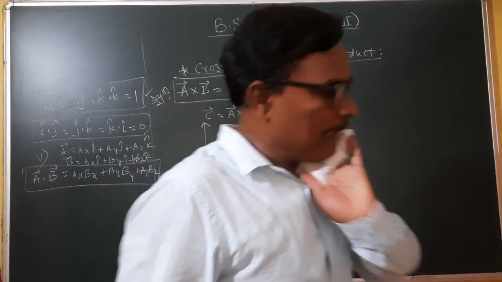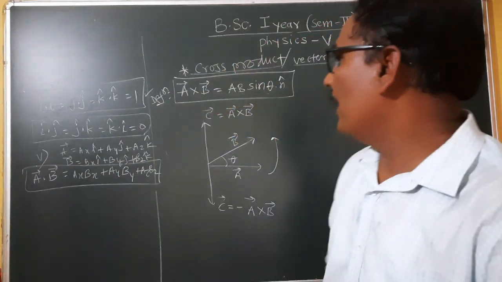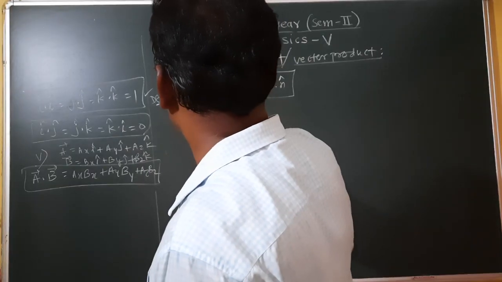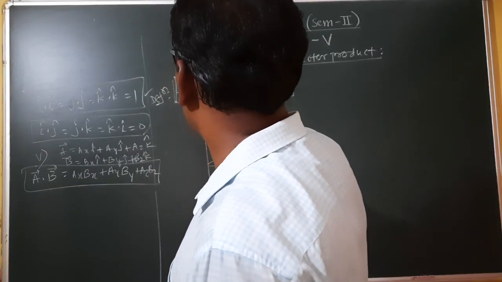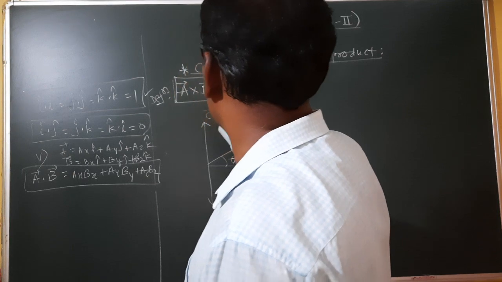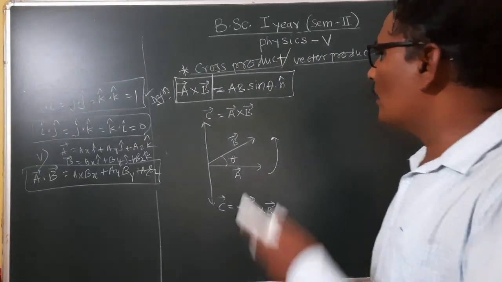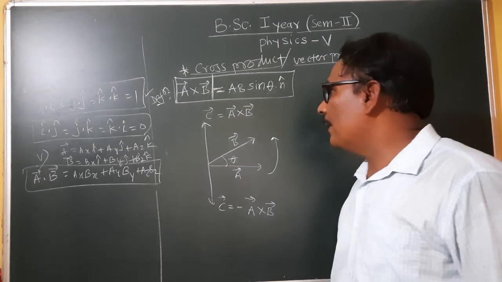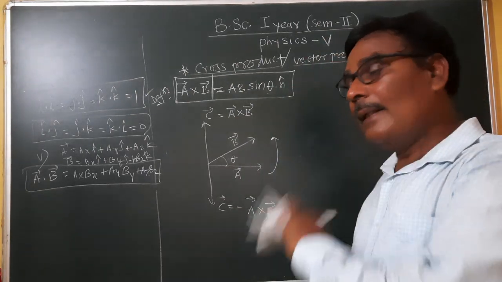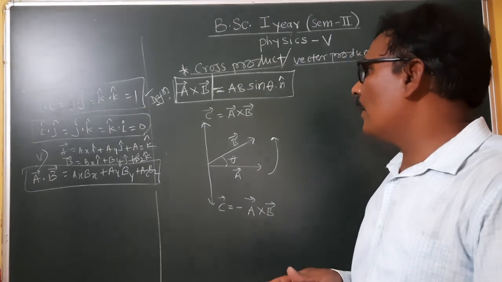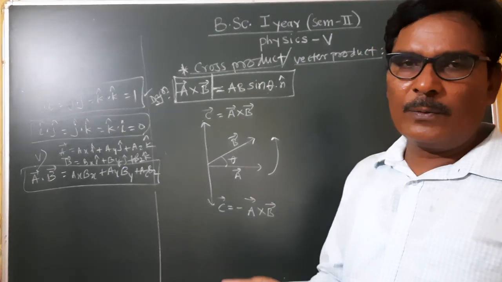This is what we have to say: change in direction means we have a product of cross product of magnitude of two vectors. It can be defined as the product of magnitude of two vectors and sine of the smaller angle between them, and whose direction is perpendicular to the plane containing two vectors.